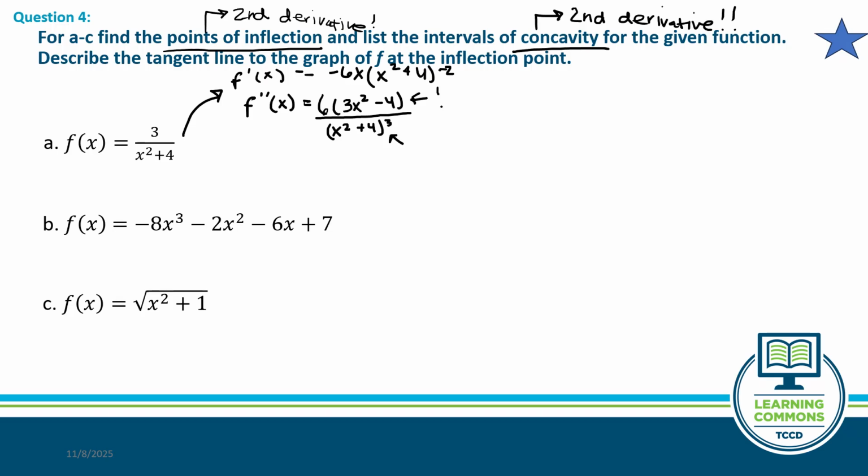Here's what I'm going to do. I'm going to set 6x squared minus 4 equal to 0. Divide by 6, divide by 6.